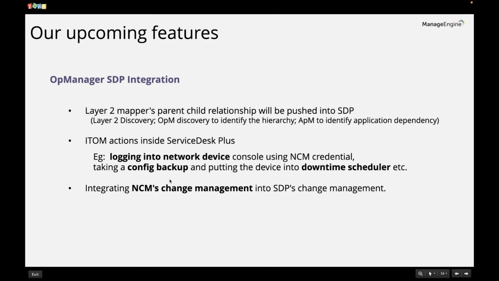That has the information of the host, guest VMs, vCenter and so on. So we already know this hierarchy, and the same intelligence is being passed on to Service Desk Plus in the relationship module. So you're going to know the parent device and the vCenter, the host, and the number of guest VMs connected to it. All that relationship will be mapped to Service Desk Plus automatically.